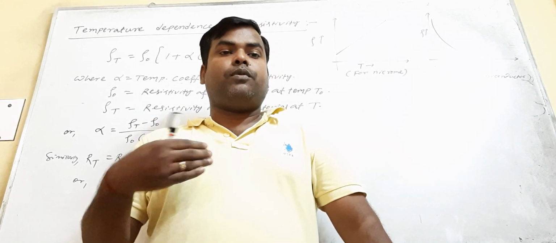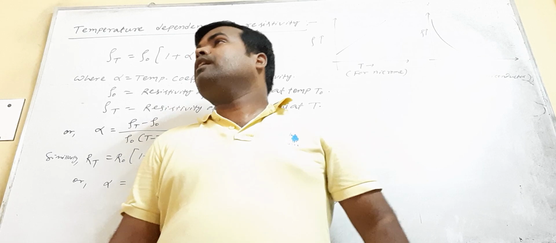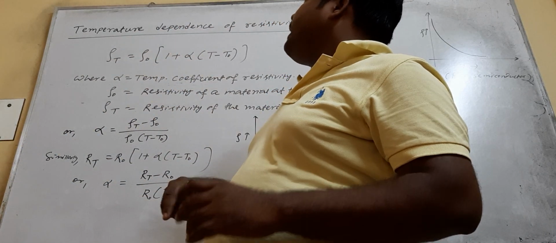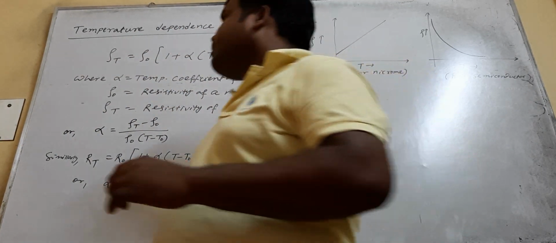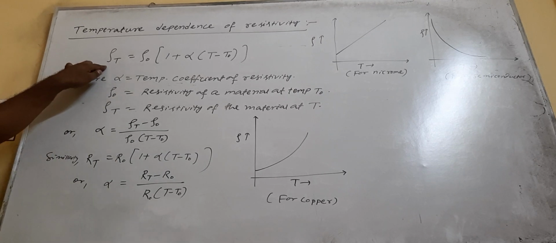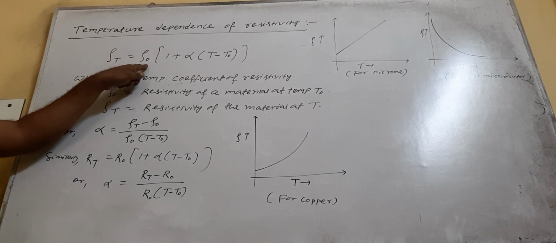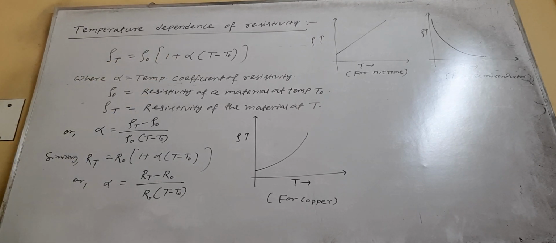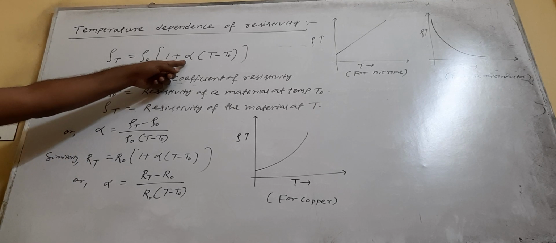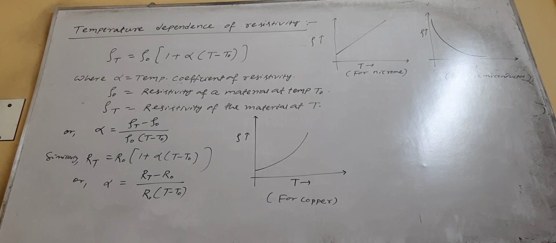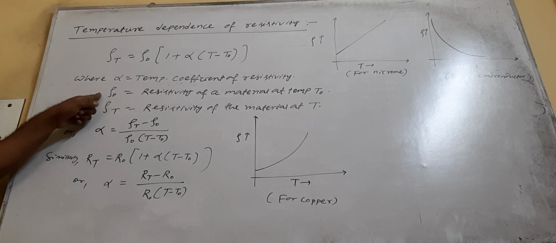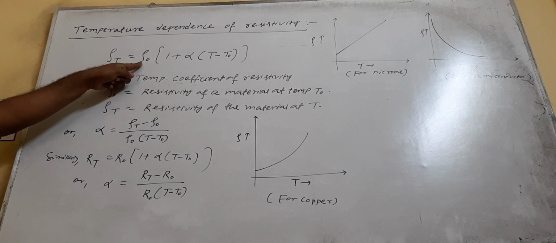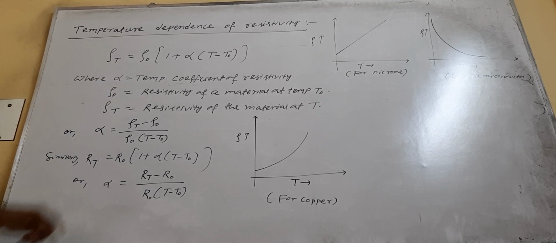So let us come to the topic. Temperature dependence of resistivity. Here it is: rho T is equal to rho 0 whole into 1 plus alpha (T minus T0). Alpha is called the temperature coefficient of resistivity. Rho 0 is the resistivity of the material at temperature T0.